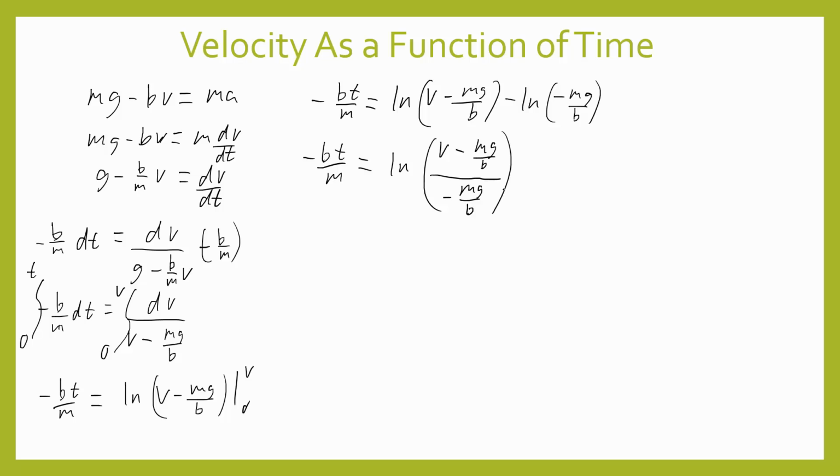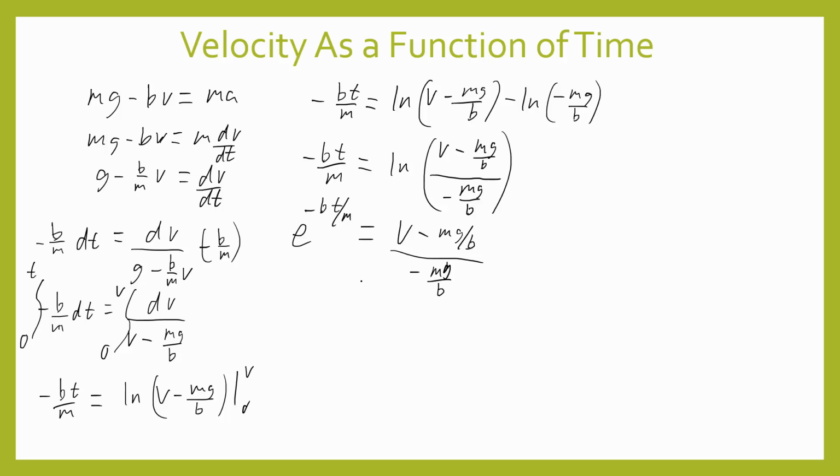And now we just have to simplify things a bit, right? First of all, let's take e to the power of both sides to get rid of that natural log. So we'll get e to the bt over m. That natural log goes away. v minus mg over b all over negative mg over b.